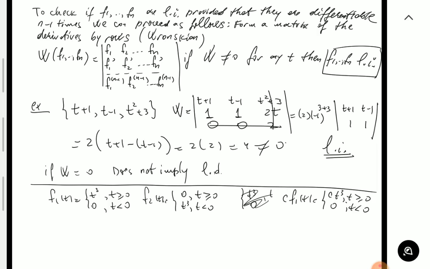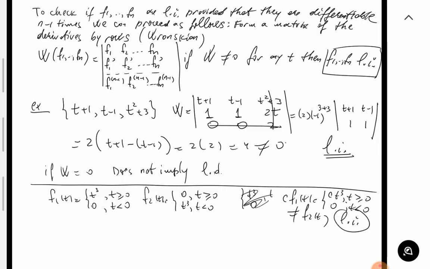This is of course not going to be equal to f2 of t, because you can never have one as a constant multiple of the other, since the piecewise defined function is switched around 0. No matter what c you pick, c t cubed, 0 is not going to be equal as a function to the function 0, t cubed, because for t less than 0, f2 is not equal to 0. So this can never be equal to f2. So this clearly is a set of linearly independent functions.